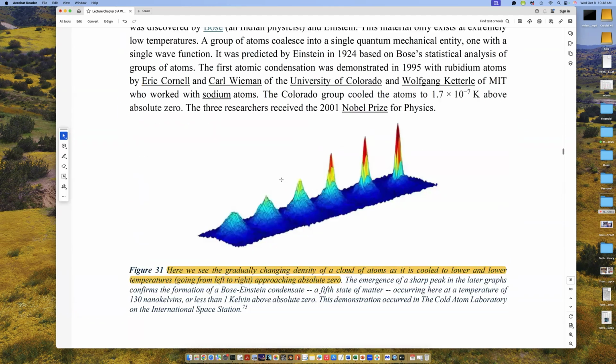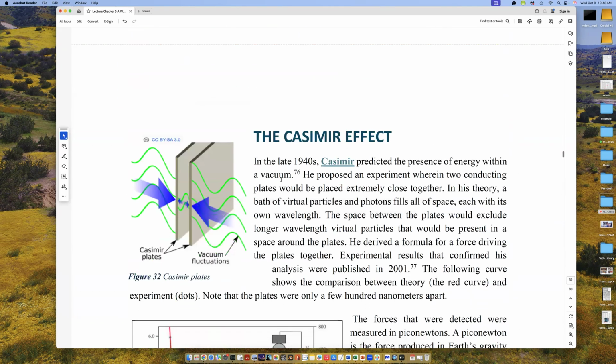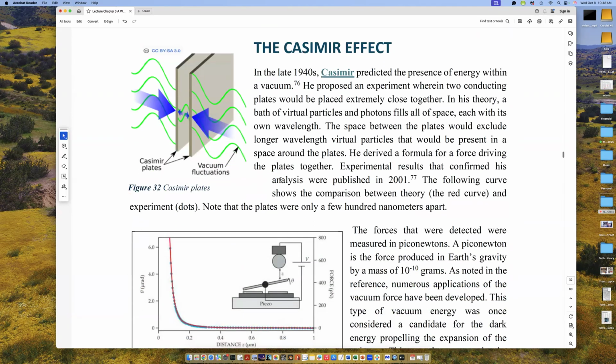And what Casimir, a Dutch scientist, predicted in the late 1940s is that a pure vacuum would be churning with particles popping into and disappearing from existence in very short times, but that there should be energy in an empty volume of space. And he proposed an experiment.